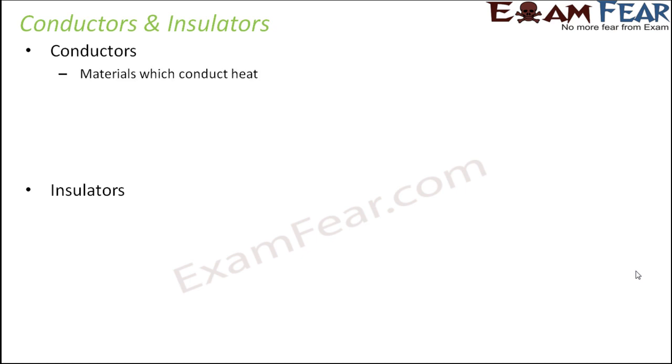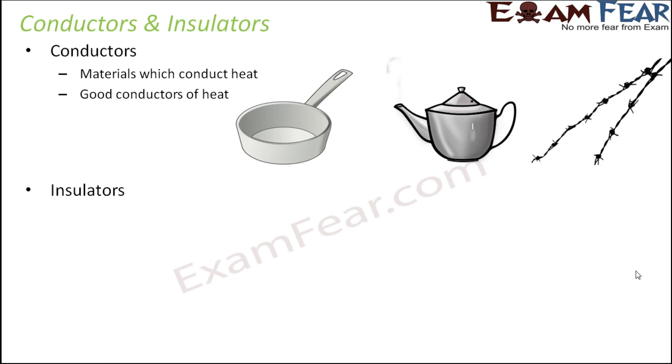Conductors are materials which conduct heat. They are also called good conductors of heat because they are very good at it. Best examples are metals, whether you talk about copper, aluminium, or any metal, they are all good conductors of heat. Insulators do not allow heat to pass through them easily.